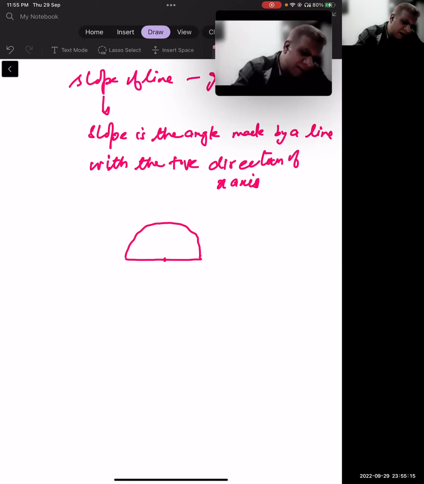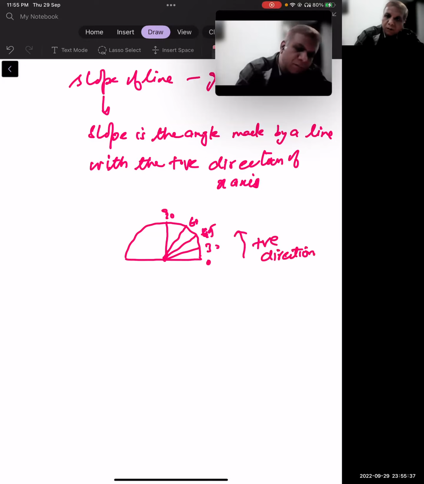It makes an angle of 0 degrees, then 30, then 60, then suppose this is 90, right? So you are moving in this direction. This is known as the positive direction. It is anti-clockwise.